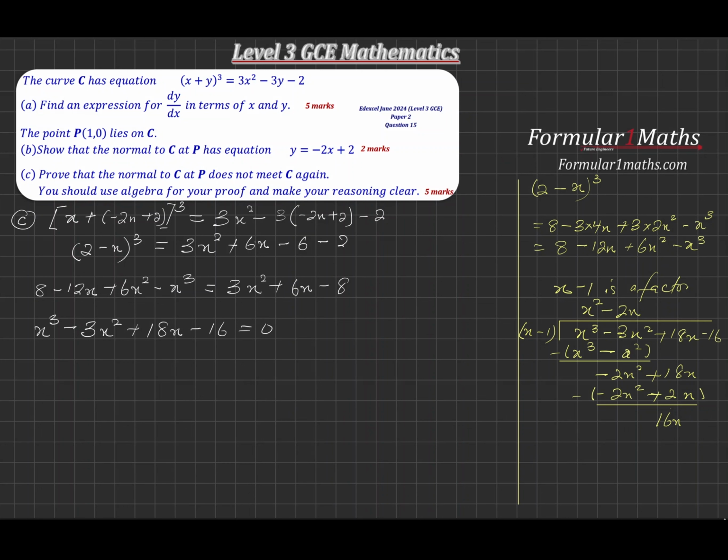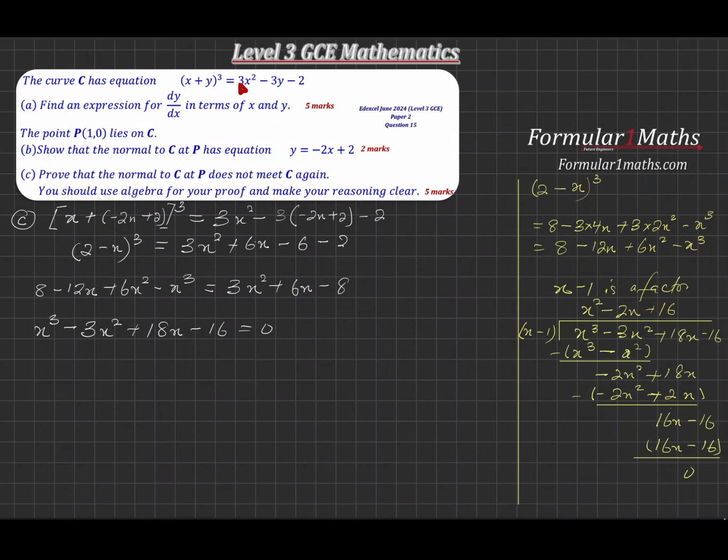And then if I bring down the minus 16, I'm going to get minus 16. Then again, I look at x and that. It means I'm going to get plus 16 over here. Then multiply again this 16 by the factor. I'll get 16x minus 16. And if I subtract again, I'll get a remainder of 0, which means x squared minus 2x plus 16 is a factor.